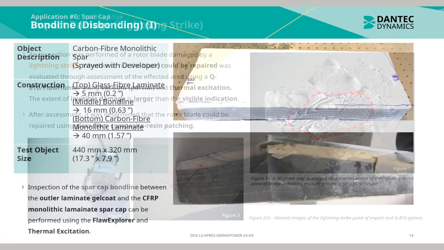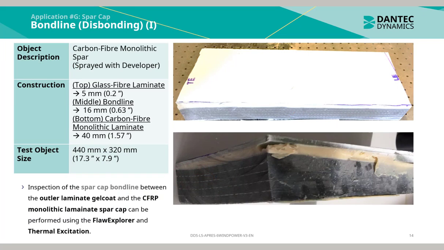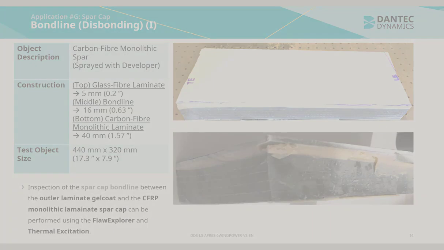Bondline disbonding on the spar cap. In this application, the object under inspection was a carbon fiber monolithic spar sprayed with developer. Inspection of the spar cap bond line between the outer laminate gel coat and the CFRP monolithic laminate spar cap can be performed using the Floor Explorer and thermal excitation.